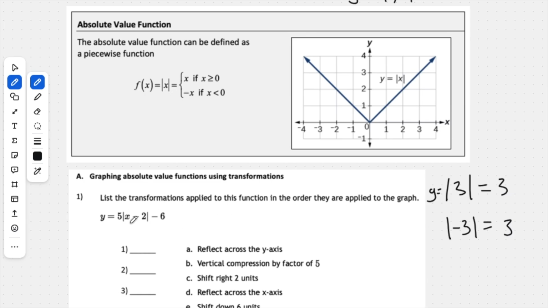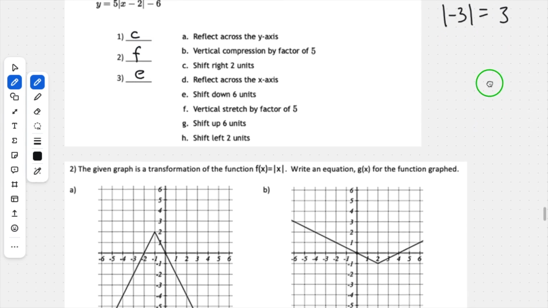If we thought about putting a value in for x, the first thing we would do is take away 2, and you might remember that -2 on the inside means it's going to go right 2, and so that is right there, letter C. And the next thing we would do is take the absolute value and then multiply that result by 5, so that's a vertical stretch by a factor of 5, that's F. And then lastly, we're going to shift it down 6, which is E. So same transformations we saw in the previous section, but now we actually have a function that we'll be working with. And we'll do this several more times during the quarter with different functions.